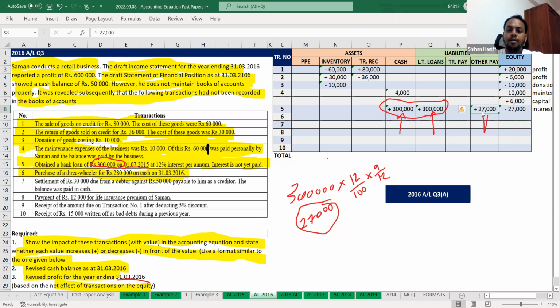If it is payable, other payable will increase. And this is expense, interest expense. That will reduce the equity. So I hope it's clear. Okay.